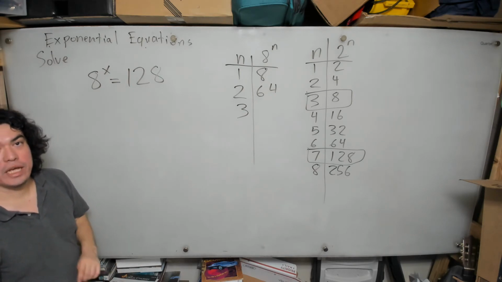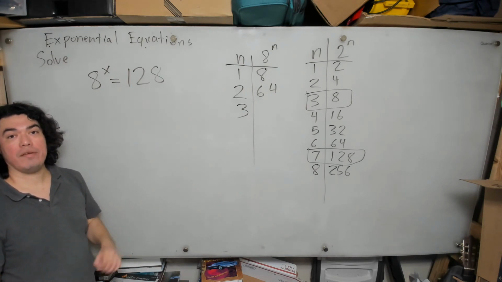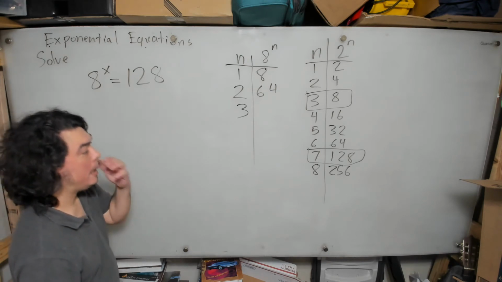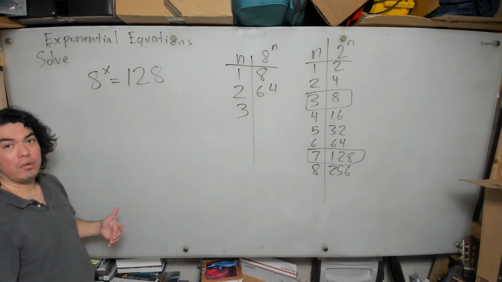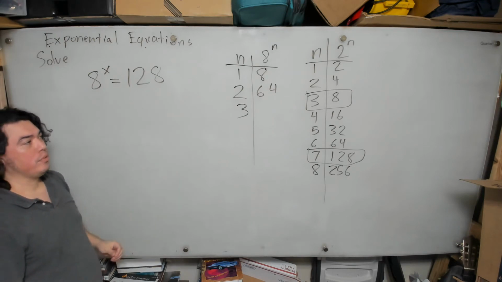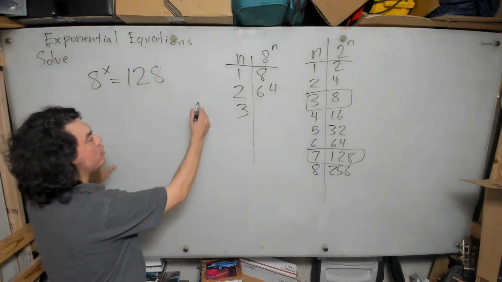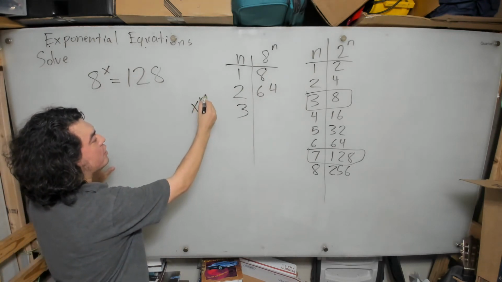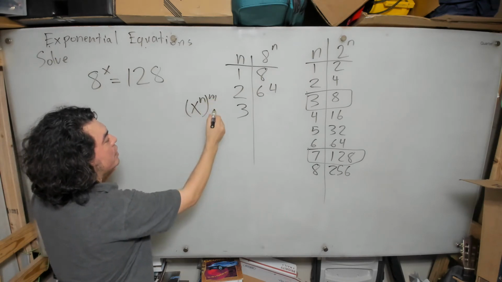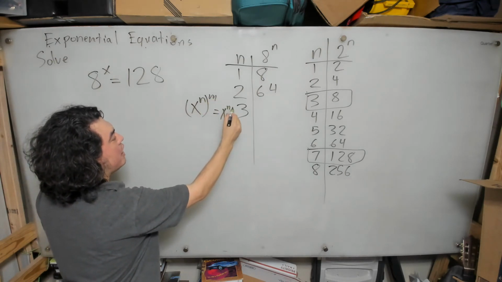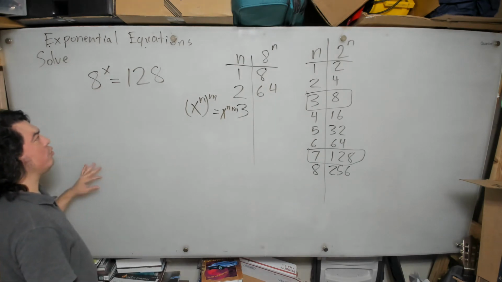But we never said that we had to use the base that we were given, right? So here, in this example, we're going to use the base 2, okay? Now also, let me remind you from our exponential rules that if I have x to the n raised to the m, this will equal x to the n times m, okay? We're going to need that soon.